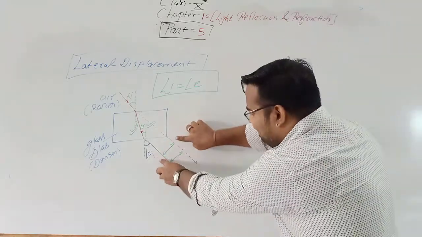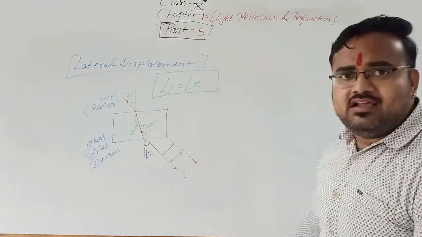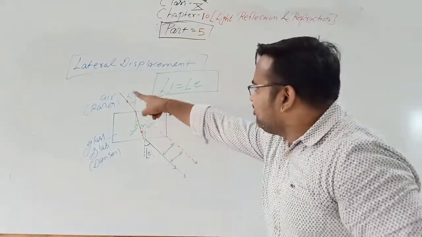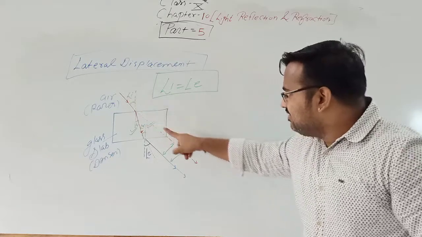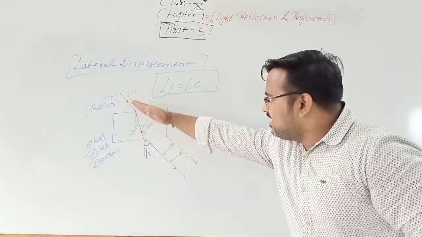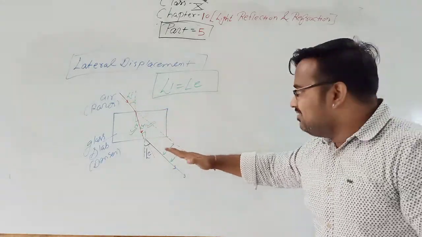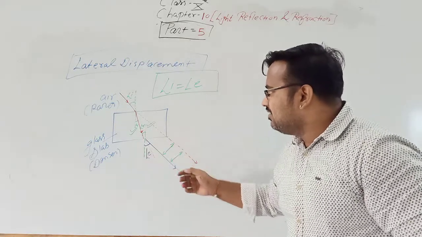Distance between these two will be equal throughout because these two are parallel, and this is the displacement of the incident ray. The incident ray's original path is this, but the incident ray is displaced up to this.